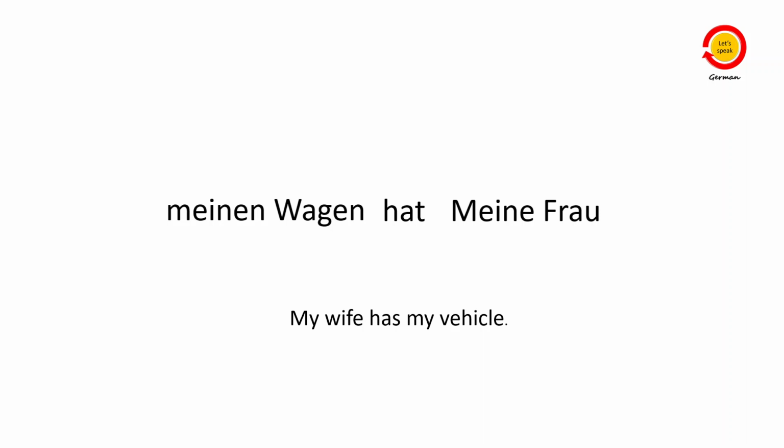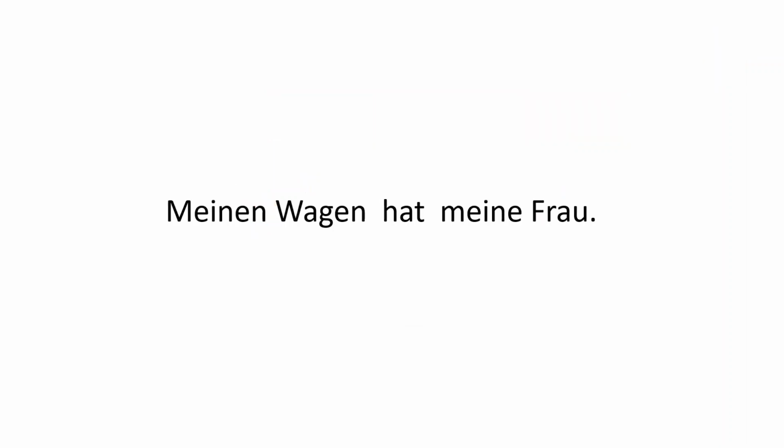This is possible only because of the presence of the cases in German. The en in the ending of meinen Wagen still indicates it is an accusative case and is the object in the sentence, irrespective of where it is placed. Meinen Wagen hat meine Frau.